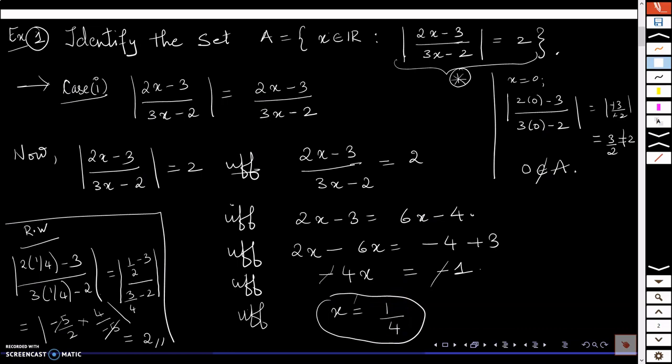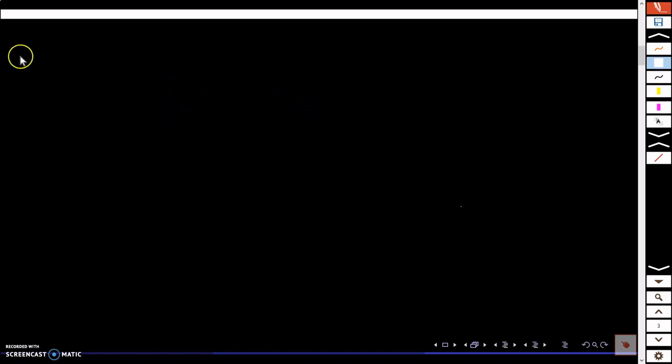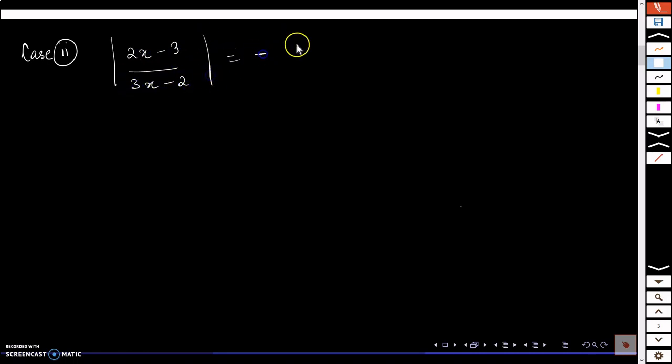Fine. Now case 2 is when this modulus is equal to negative of itself. So let's do that. Case 2 is when modulus of 2x minus 3 upon 3x minus 2 is its negative.